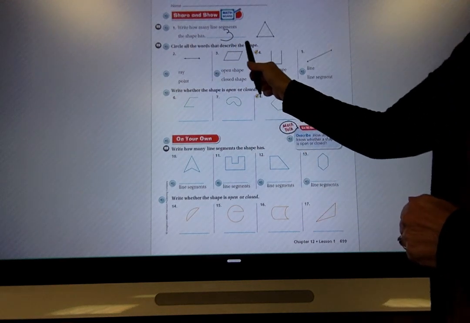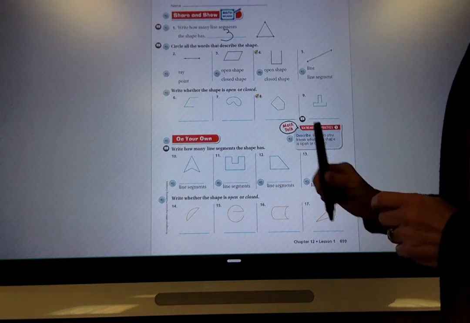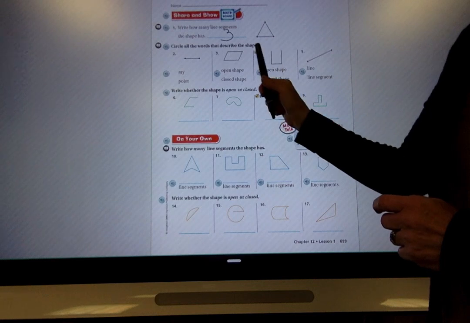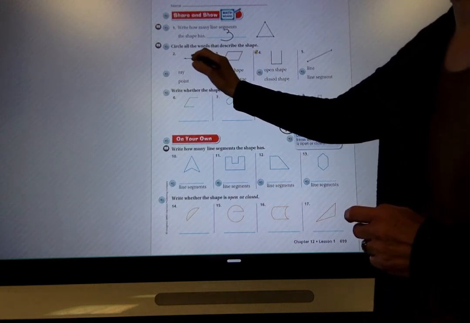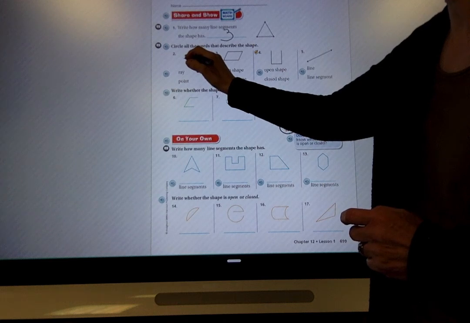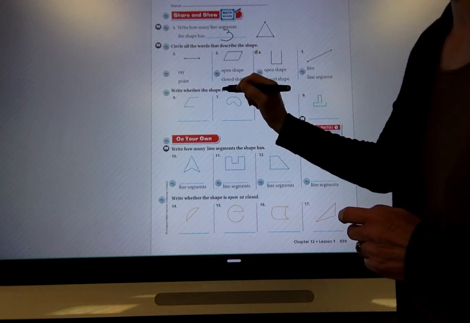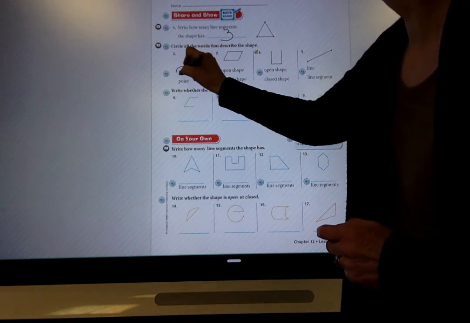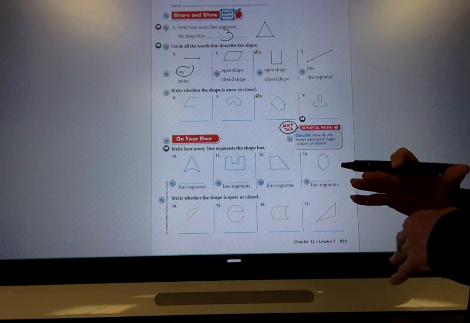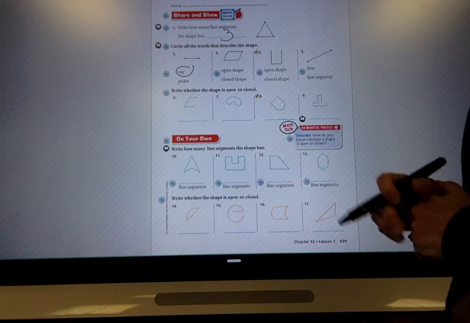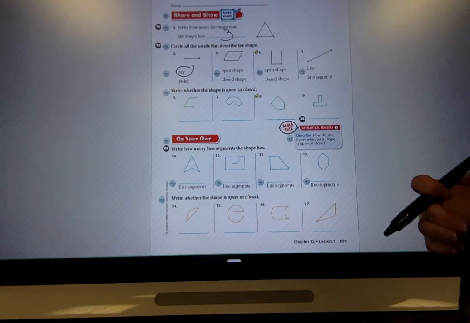Now circle all the words that describe the shape. Well, there's a point there, but it's connected to this line that has an arrow. That's a ray. Remember, if you've forgotten, go back to that first page, 697, and it tells you what all of these are.